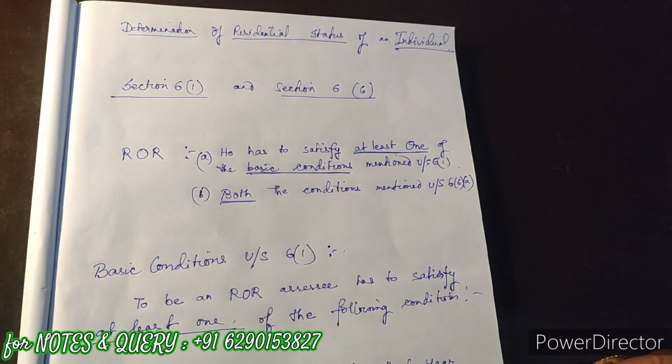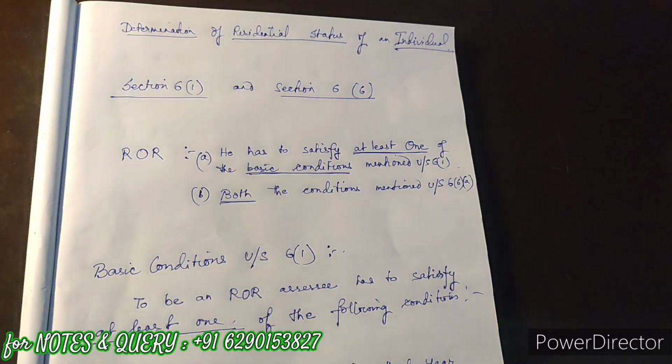Section 6(1) actually lays down the basic conditions for the determination of residential status of an assessee. So for a person to be ROR, he has to satisfy at least one of the conditions given in section 6(1).